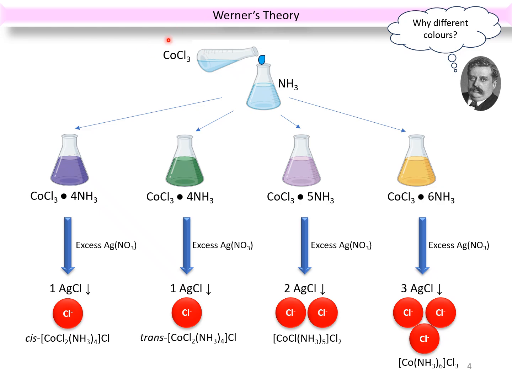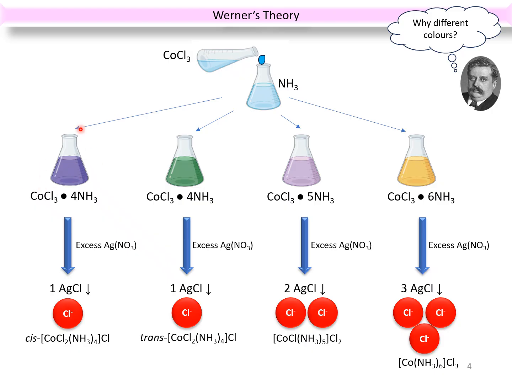When cobalt trichloride was reacted or mixed with ammonia, Alfred found that 4 different colors were produced: violet, green, purple, and yellow.